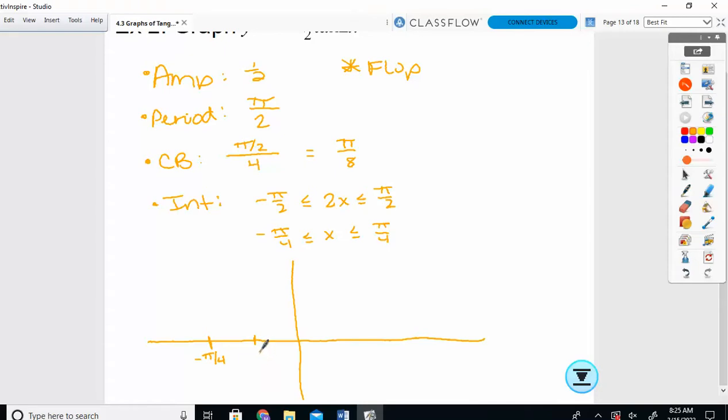Add your count by. Negative pi over 4 plus pi over 8 would be negative pi over 8, plus pi over 8 is 0. Plus pi over 8 is pi over 8, plus pi over 8 would be pi over 4.